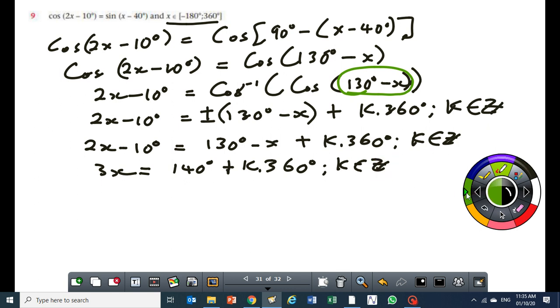Now I need to divide each term by 3. We have to make x the subject, because we want to solve for x. So next step, I'll divide every term by 3.